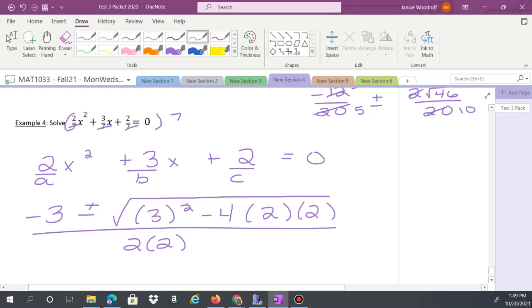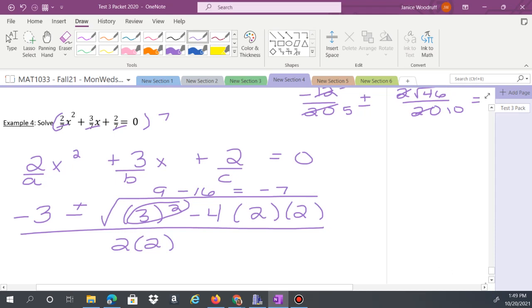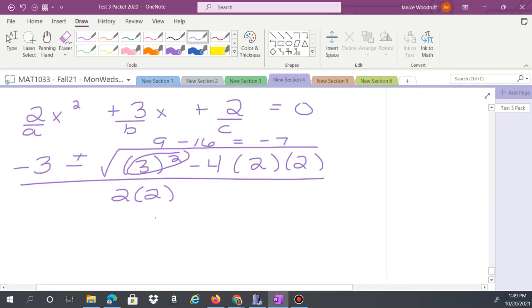Okay, so we'll simplify under the square root. 3 squared is 9. How many minus signs? Just one. So this is minus 4 times 2 times 2. What is 9 minus 16? Negative 7. Very important there because then this turns into negative 3 plus or minus the square root of negative 7 over 4. 2 times 2.